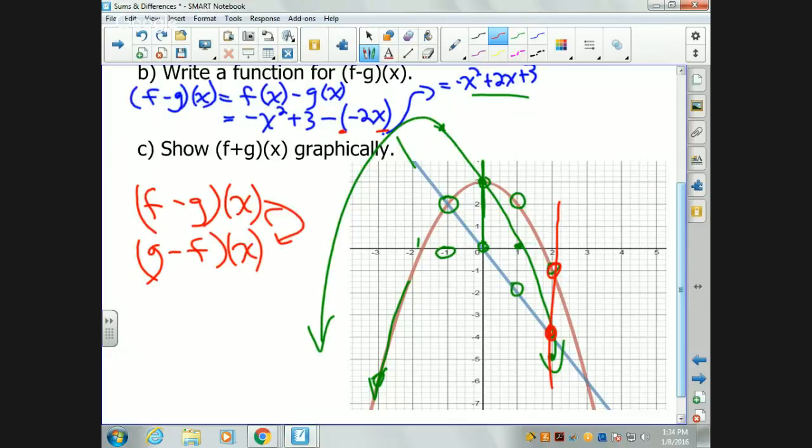The flip side of that, though, is that f plus g at x and g plus f at x will be the same thing. How are these going to be different? That's a good question, John. We've done this one already, right? Let's do this one. So this one says take g of x and subtract f at x.